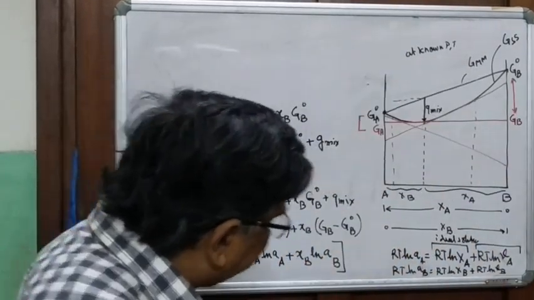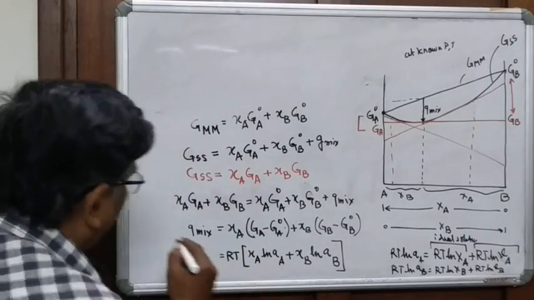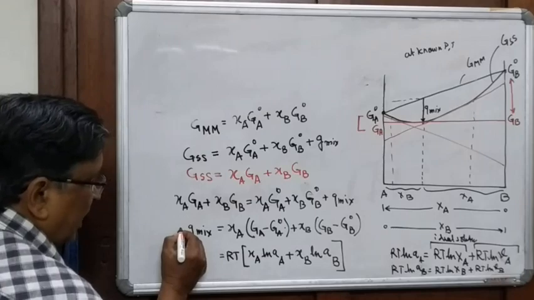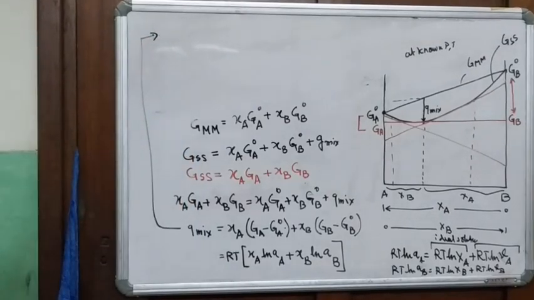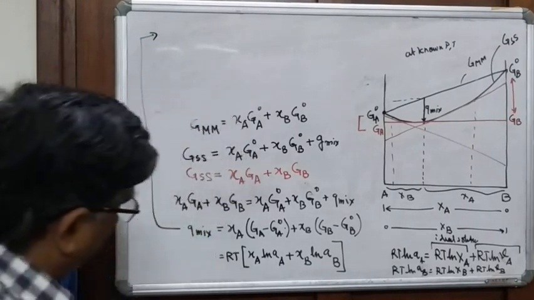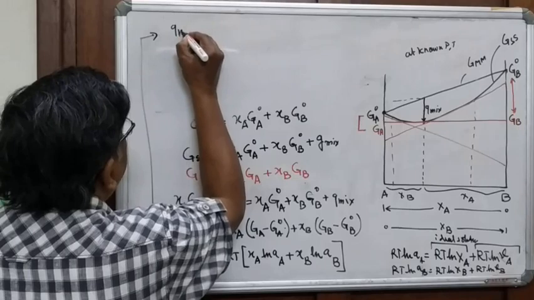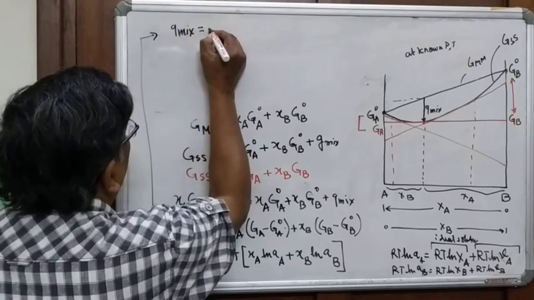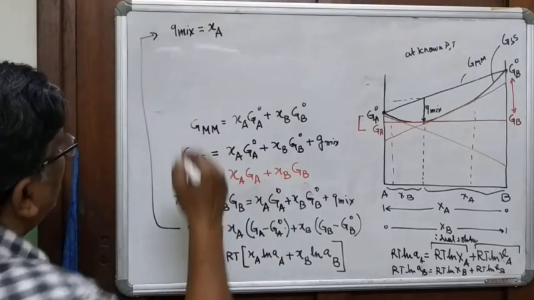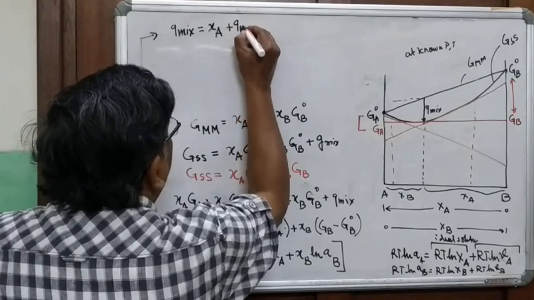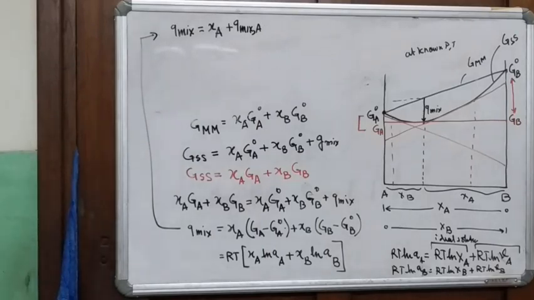Now, if that is the case, then we can do a few things from this equation. We can write that G mix is equal to XA, same as here.